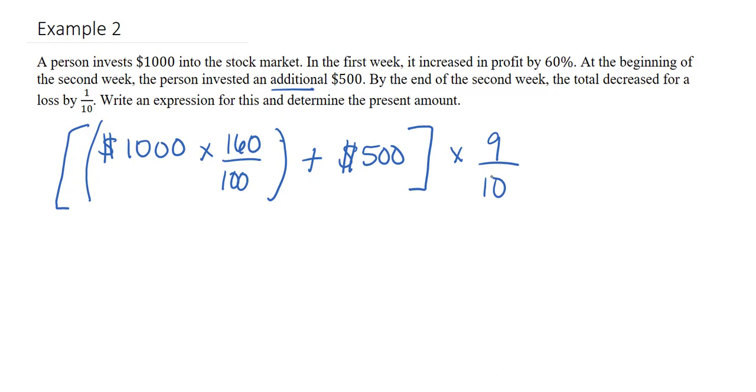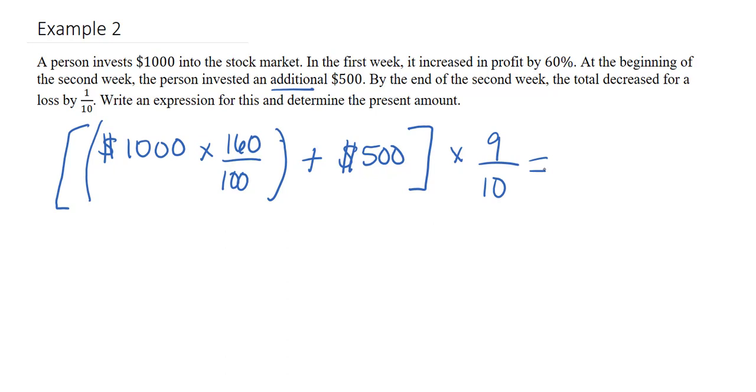Otherwise, you have to go times 1/10 and then minus that amount from the starting amount. This eliminates that step and it's a lot easier. And then we're done. That's the whole expression.